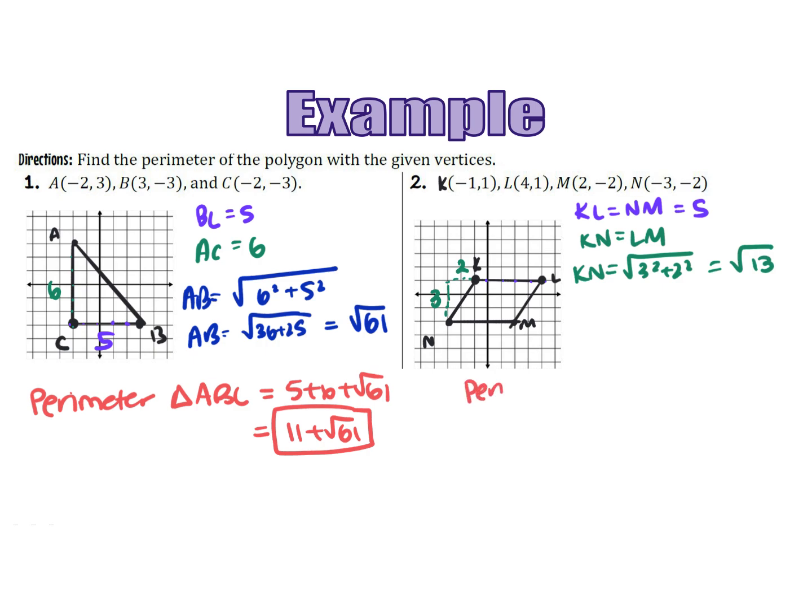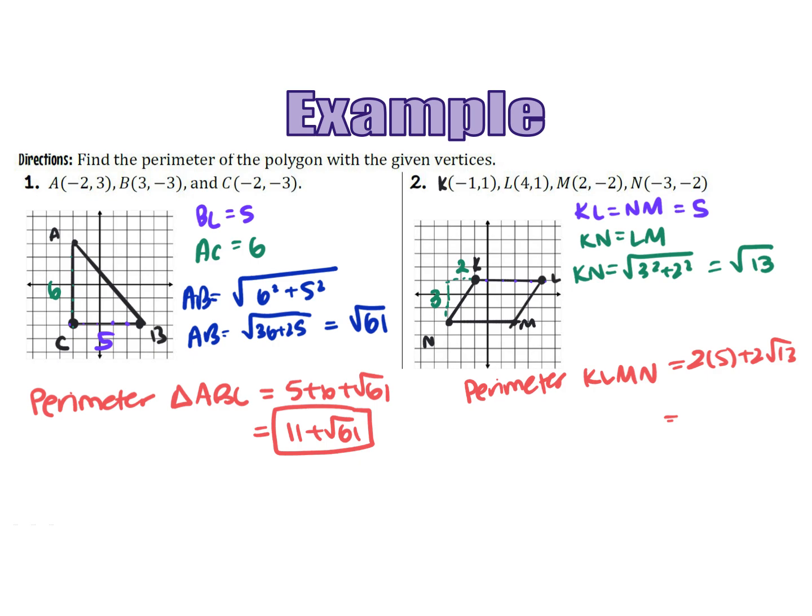Now, when we find the perimeter of KLMN, we're going to say 5 plus 5 because there's 2 sides, or we could just say 2 times 5 plus 2 times the square root of 13, or root 13 plus root 13.